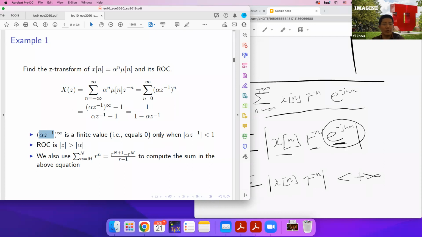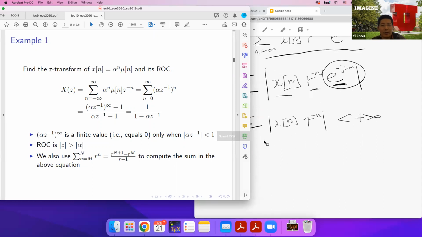Okay, so this is similar to the case of real numbers. Therefore, the ROC is determined by the convergence of this term. And the convergence criterion is that the magnitude of this complex number must be strictly less than 1. Therefore, this gives us the ROC.